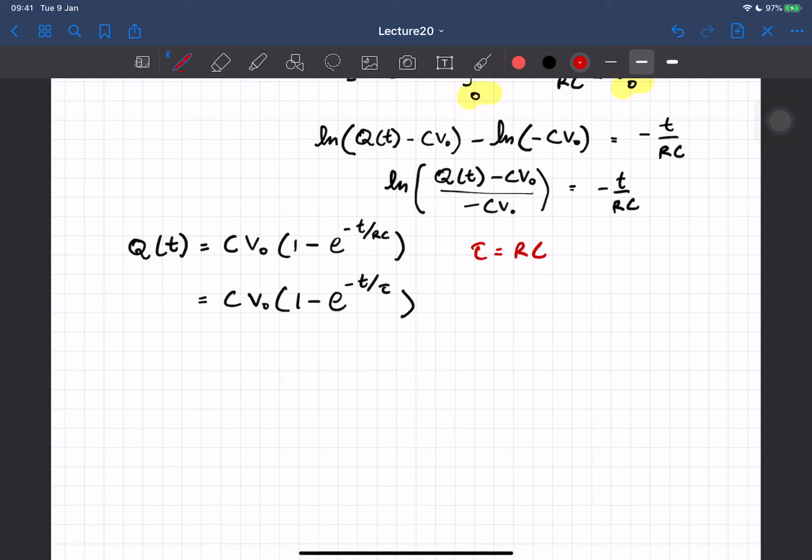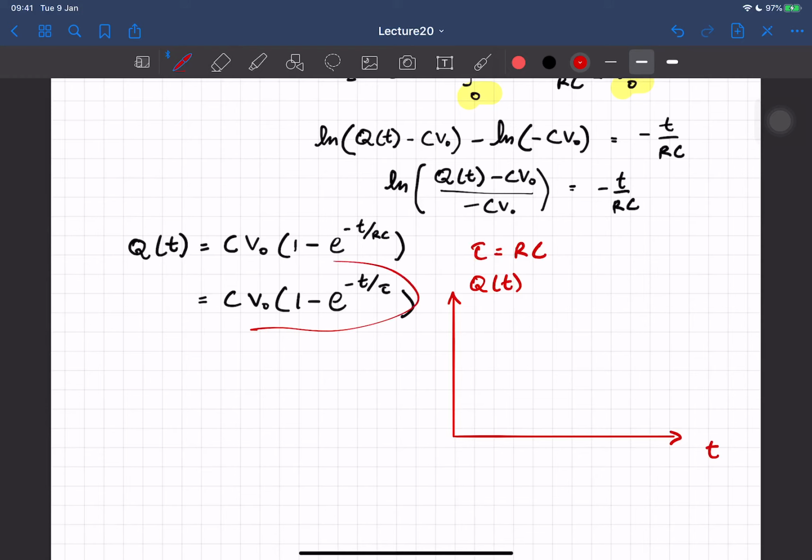So what do we have here? Well, it's not an exponential decay. It's kind of like, I don't know the exact word to call it. It's also not an exponential rise, because when you plot this, it's exponentially going up, but it's going to reach some value in the end.